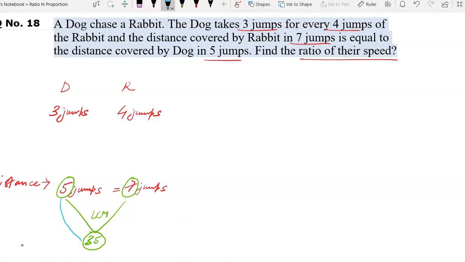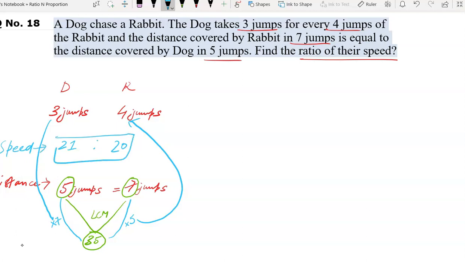Now 5 into 7 will give us 35 and 7 into 5 will give us 35. Now we will simply multiply this. 7 into 3 will give us 21 and 5 into 4 will give us 20, and this will be the ratio of their speed, and this is our answer.